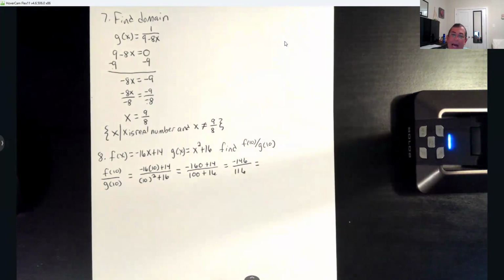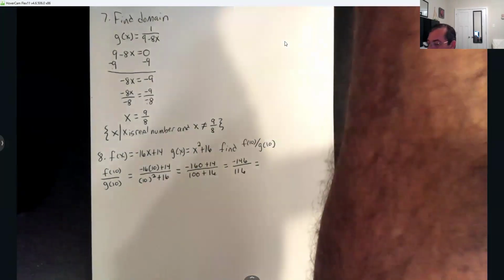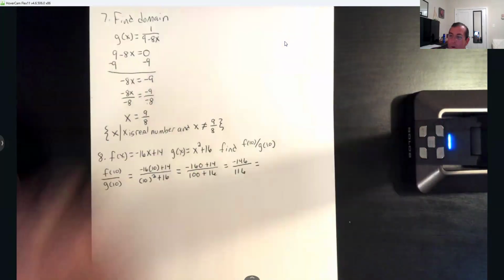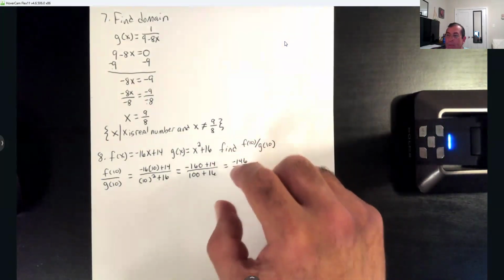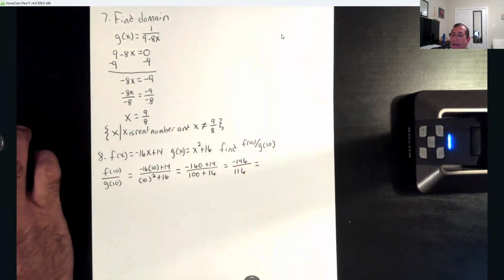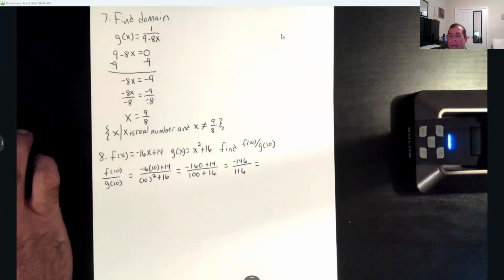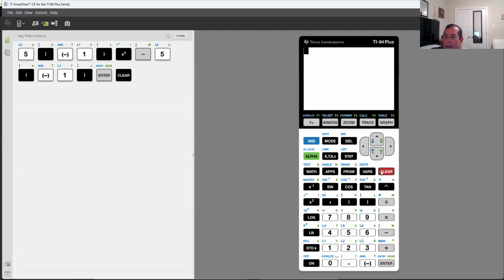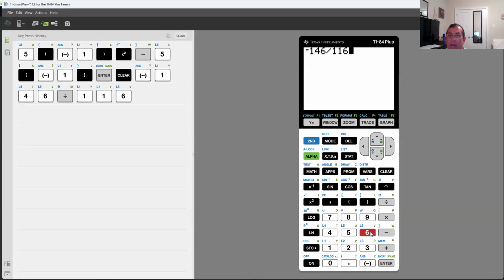So y'all, looks like we gotta reduce this one down. Now, if you don't want to sit and keep dividing out numbers, let me show you a trick to simplify that. We got a calculator. If you can't reduce a fraction, punch it on the calculator. Negative 146 divided by 116.